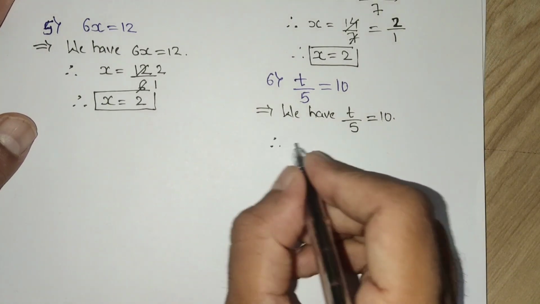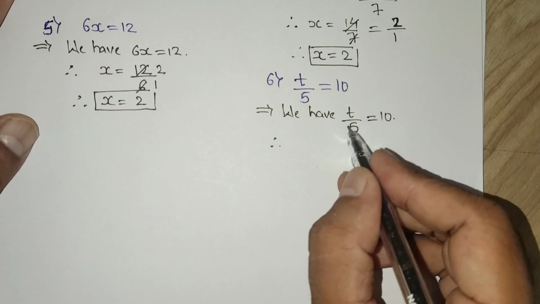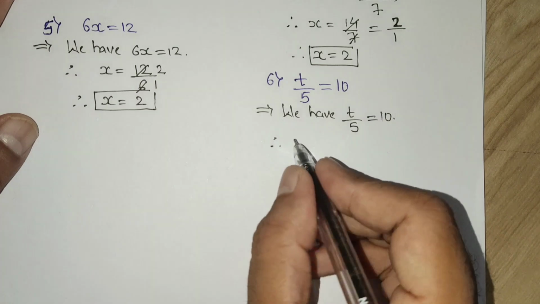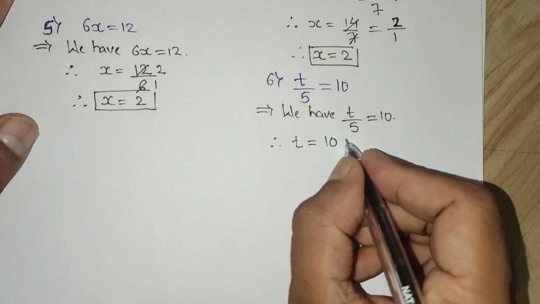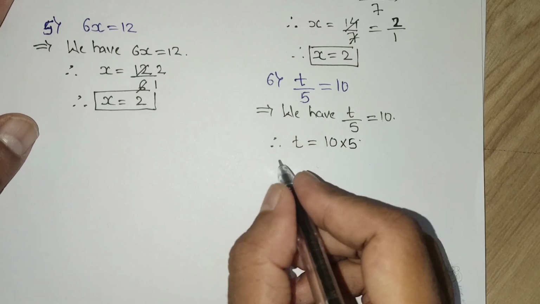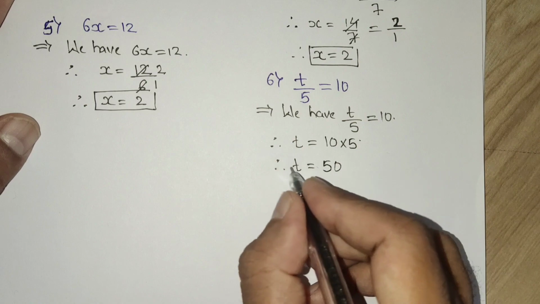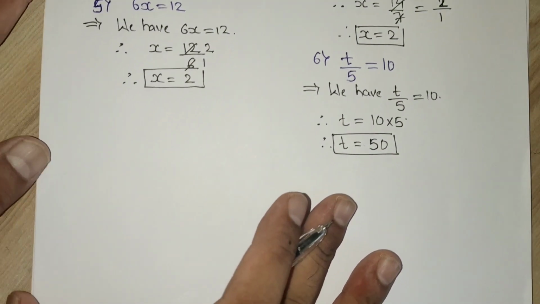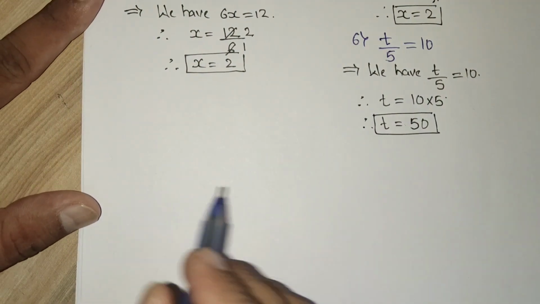Therefore, this number is in division with the t. It will go that side in the RHS and it will multiply. So it will become t is equal to 10 multiplied by 5. Therefore, t is equal to 50. Hope you are understanding. If not, please watch 2 to 3 times.